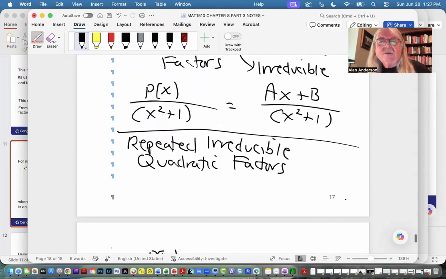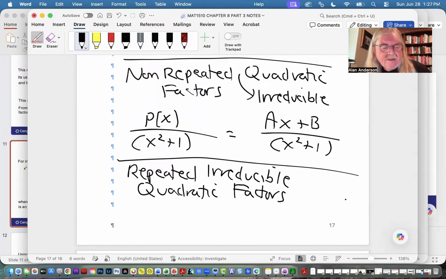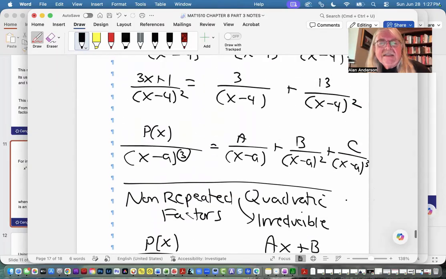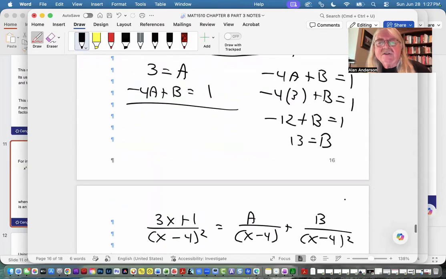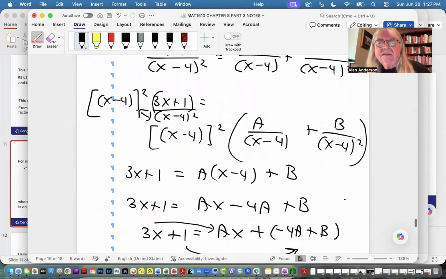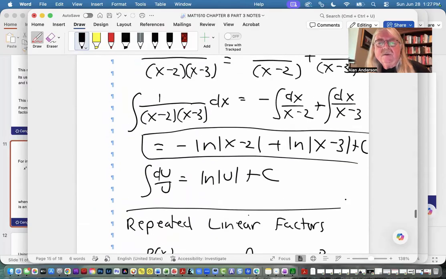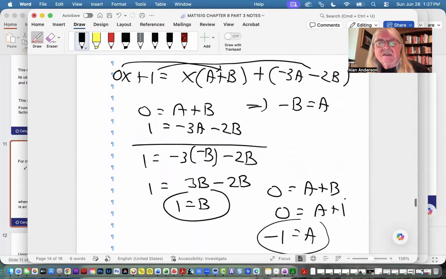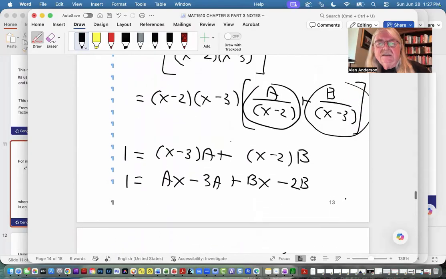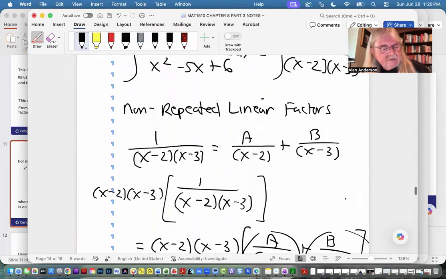It takes a while to get used to this stuff, but these are the basic cases you might see, so these are the ones you should focus on. Just making sure I didn't leave one out. No, that's all of them. Okay, good. So let's see what they've got for us.